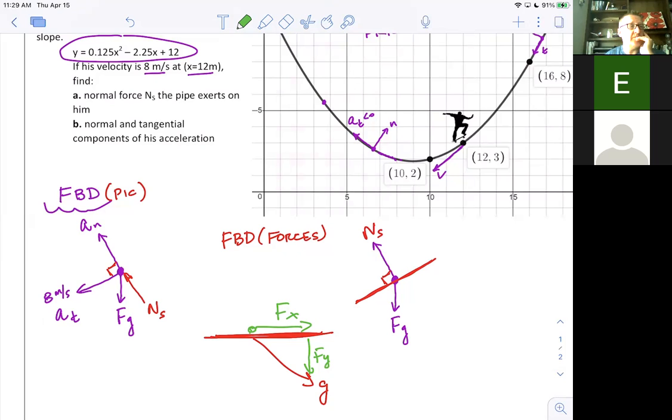We've got to split that force of gravity up to break into its tangential and normal components, because that's all we have.